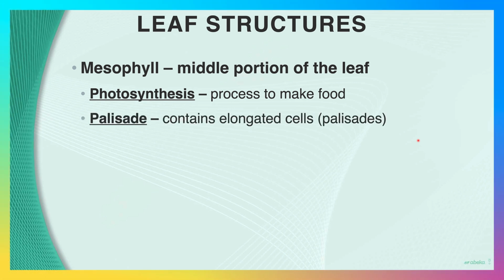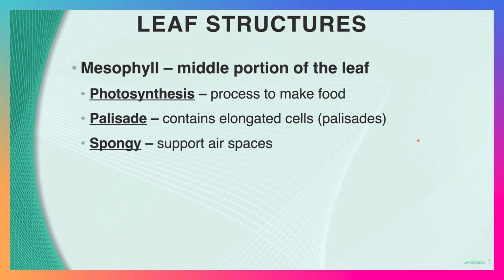Within the mesophyll of the leaf are elongated cells known as palisades. And when cells elongate like that, it's called palisading. And then there are air sacs or spongy cells, that support the air spaces that are within the leaf.